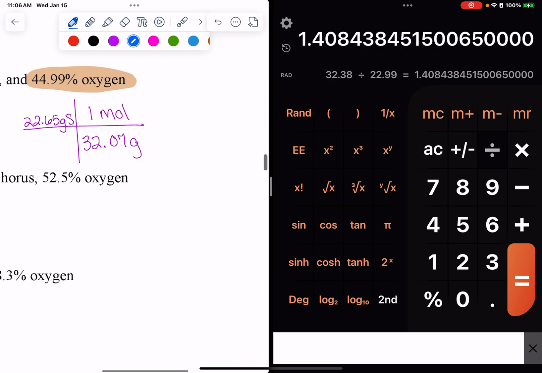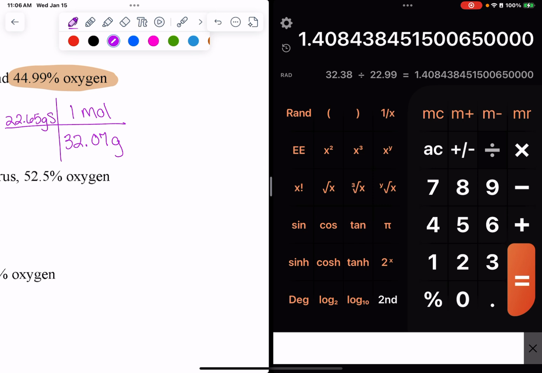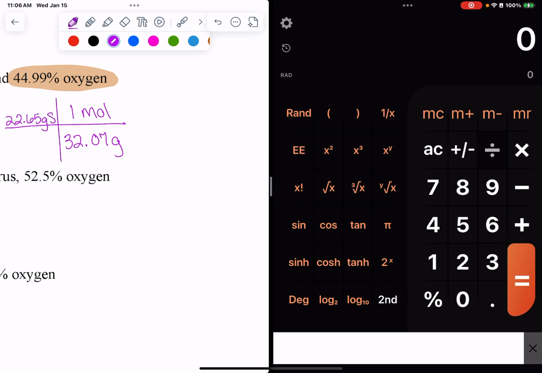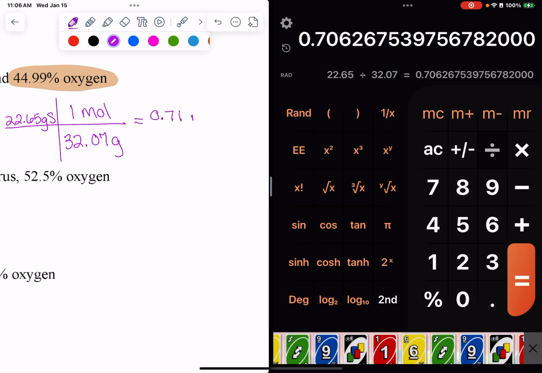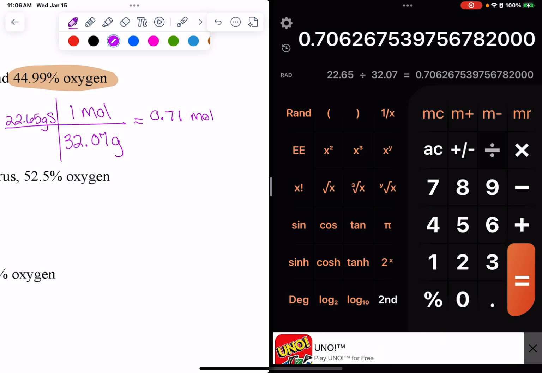Now on to sulfur. I have on top, let me clear my calculator, 22.65 divided by 32.07. So here we get 0.71 moles of sulfur.